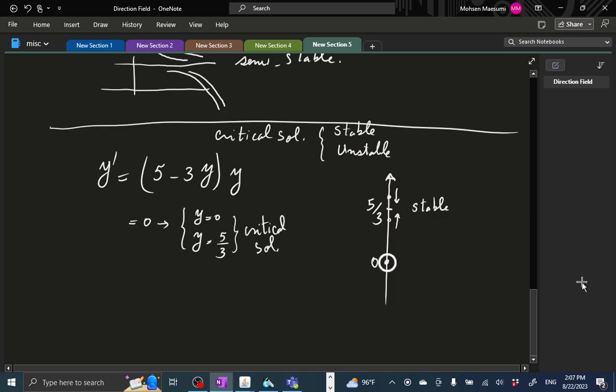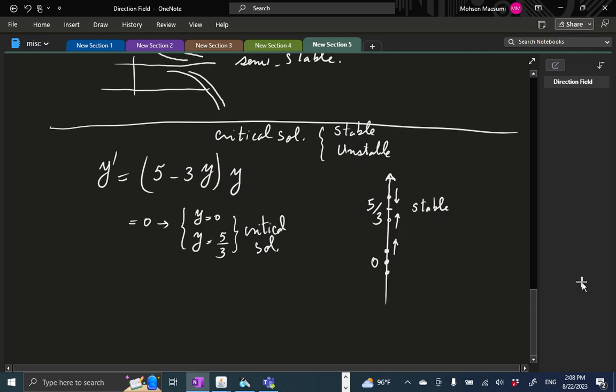How about the situation near 0? If you go a little bit above 0, y is a small positive number, you put it here, you get a positive number. Positive means y is increasing. Increasing means you're escaping away. Well, what if y had started with a small negative number?